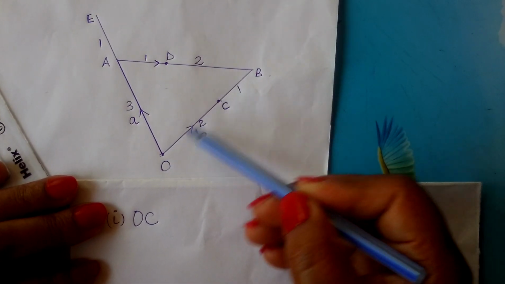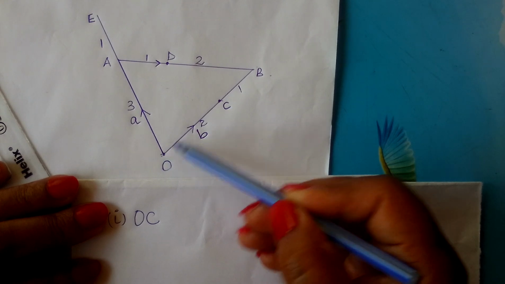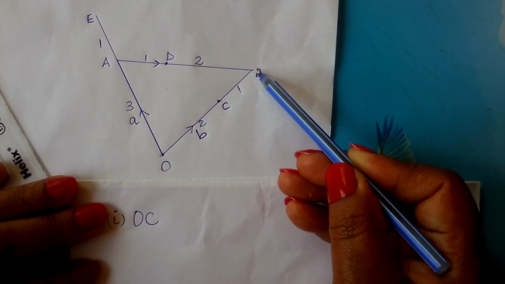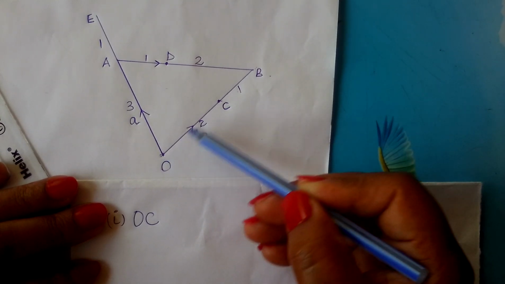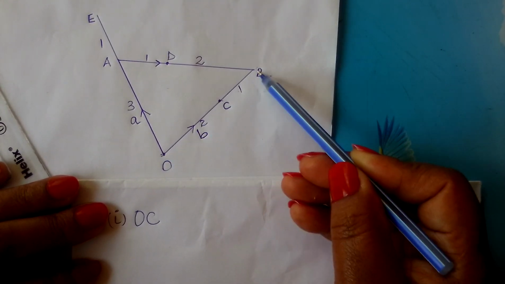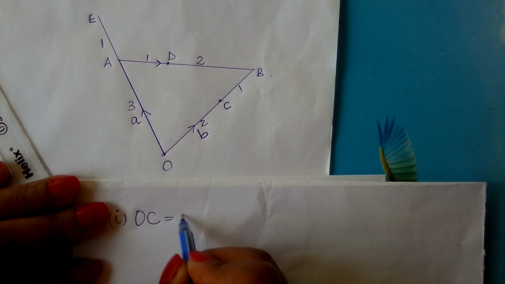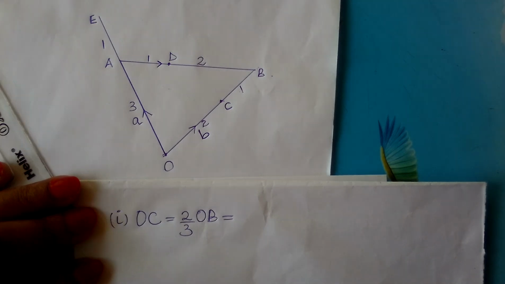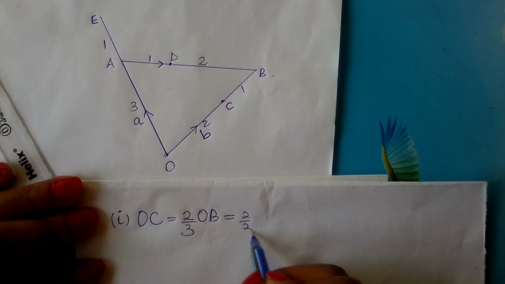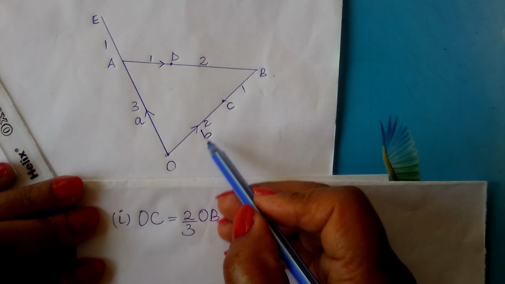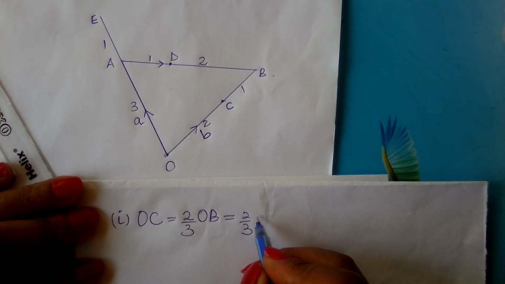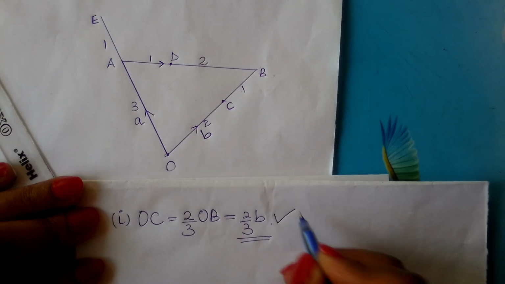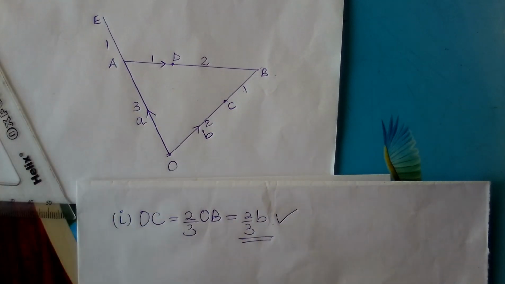What fraction is it? 2 out of 3. 2 plus 1 is 3. 2 out of 3 of OB. So you come and write 2 over 3 of OB. And therefore, learner, this is 2 over 3. OB is small b. That is 2 over 3 of small b. And so that is your OC.